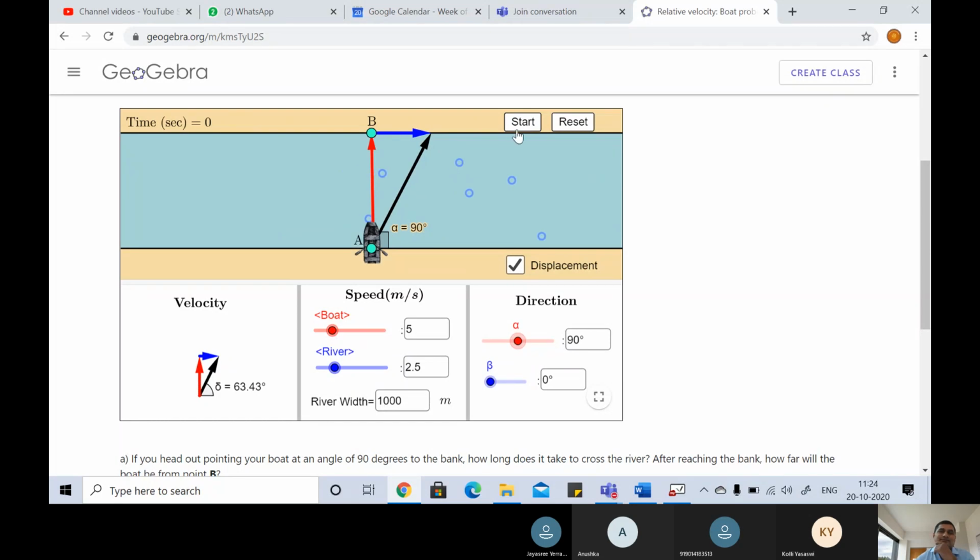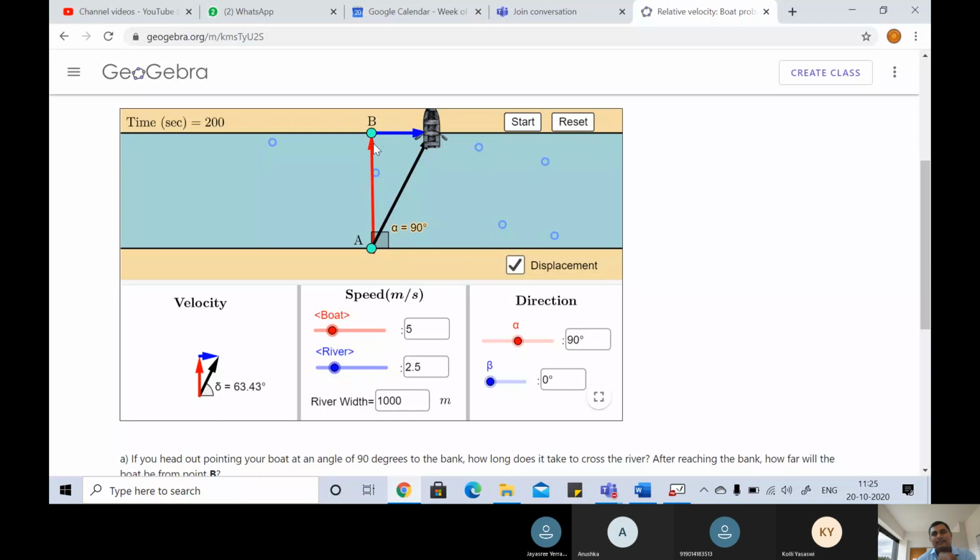Now I'm starting. How much? 200, sir. So the time will be minimum when you put your effort perpendicular to the river flow.